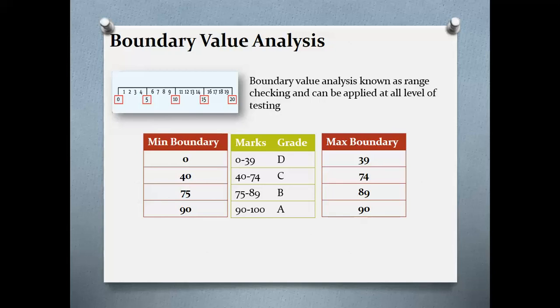In this way, you ensure that most errors that occur in this zone can be found. In the given example, the 3 values for the lower boundary would be -1, 0 and 1, and for the upper boundary it would be 38, 39 and 40.